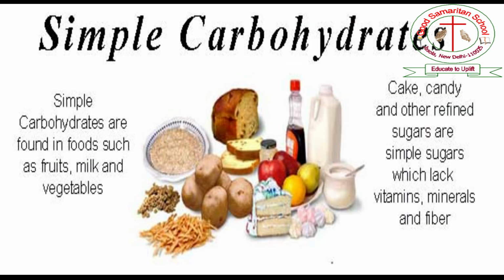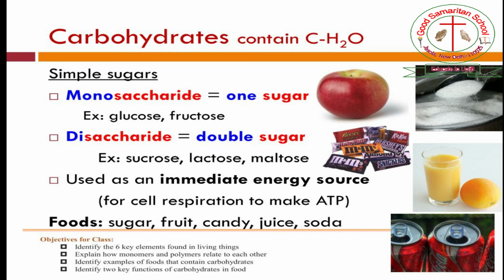And simple carbohydrates are akin to processed food. They are regarded as simple sugars. Simple carbs get broken down in the body very fast and are used as an immediate energy source that burns out very fast compared to complex carbs.